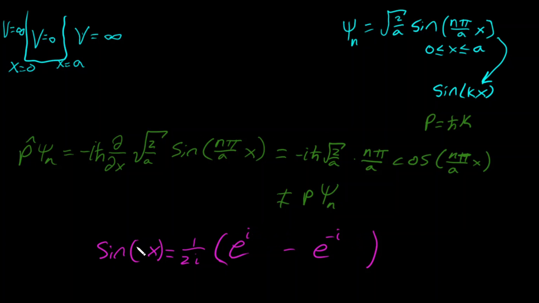And so sine of n pi over a x is 1 over 2i times e to the i n pi over a x minus e to the minus i n pi over a x. And what you may notice is this right here is a wave function with momentum p equals h bar n pi over a.